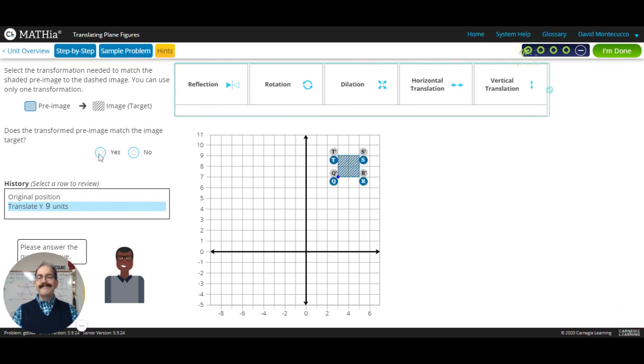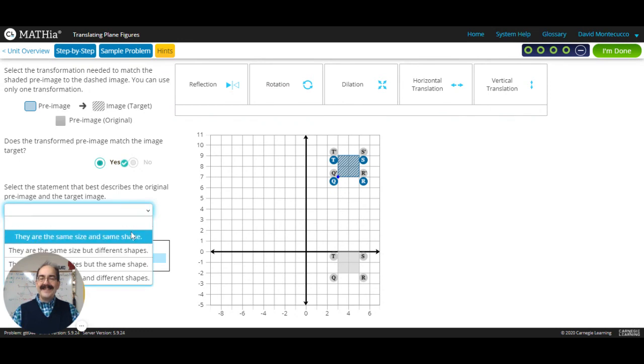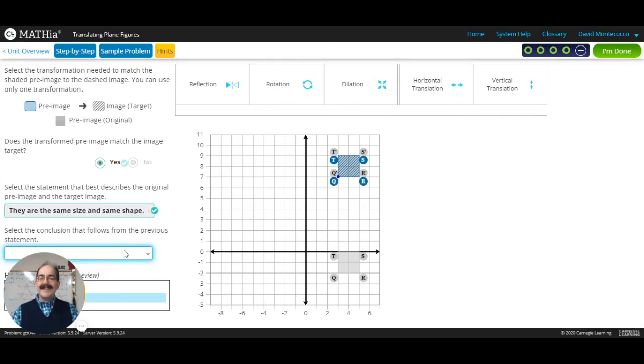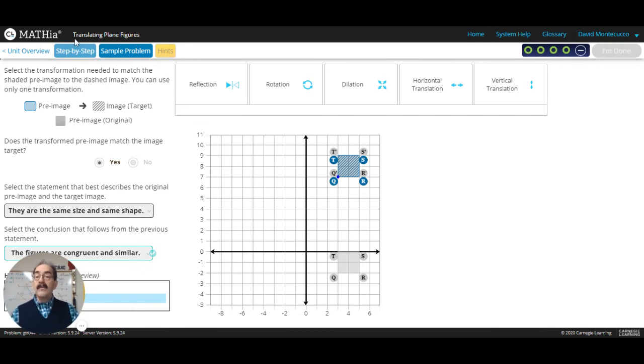Hey, frisbee. Flying hearts. Looks like this should be the end of translating plane figures.